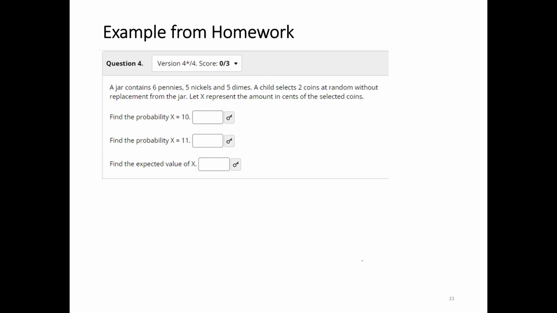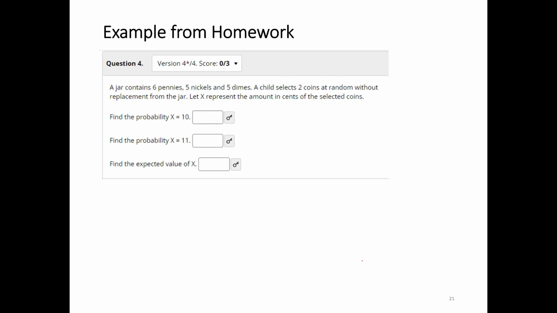A child selects 2 coins at random without replacement from the jar. Let X represent the amount in cents of the selected coins. Find the probability that the kid gets 10 cents. Find the probability that the kid gets 11 cents. And then find the expected value.